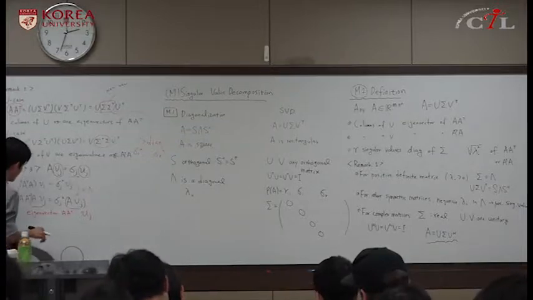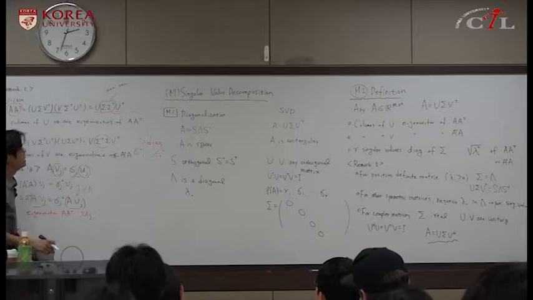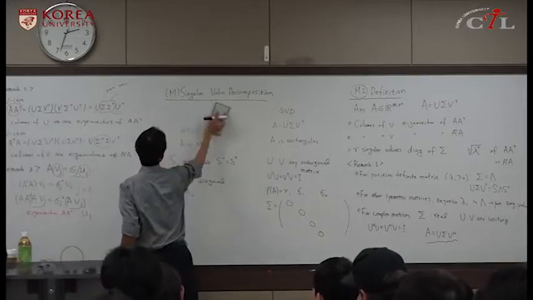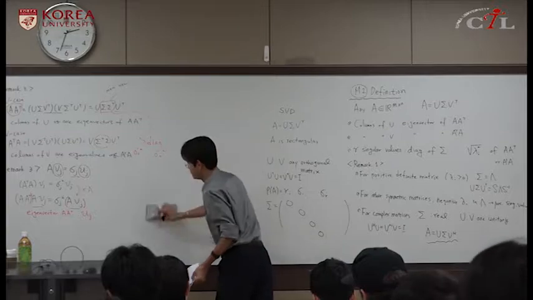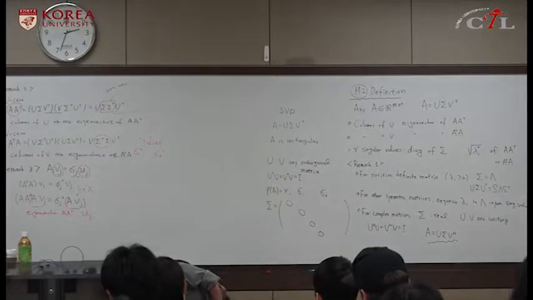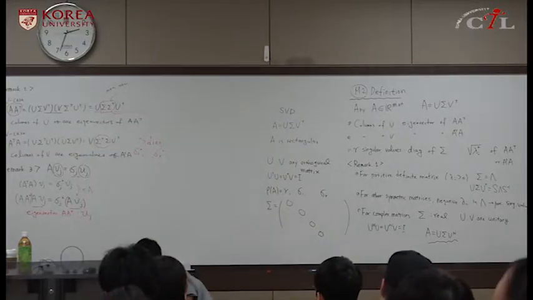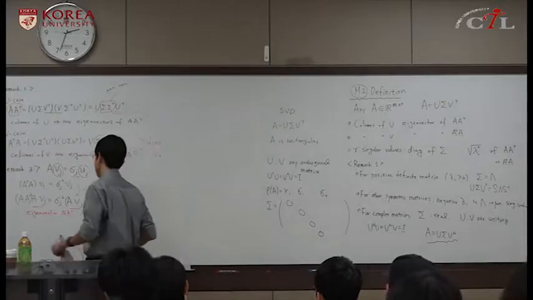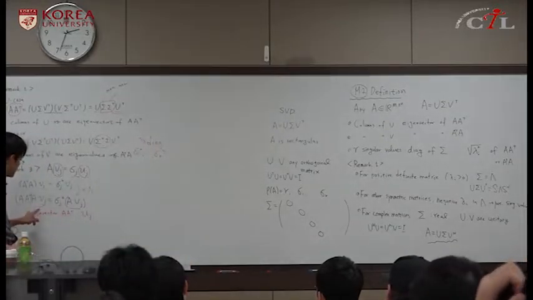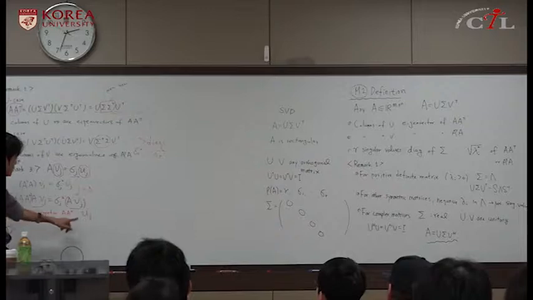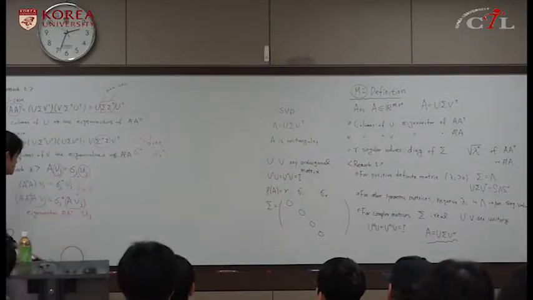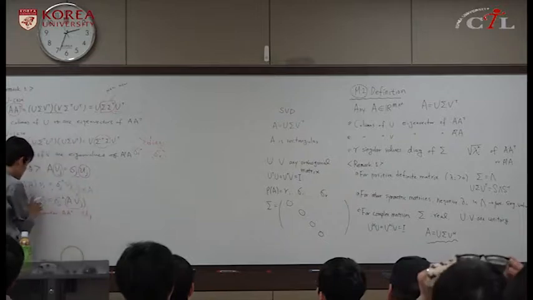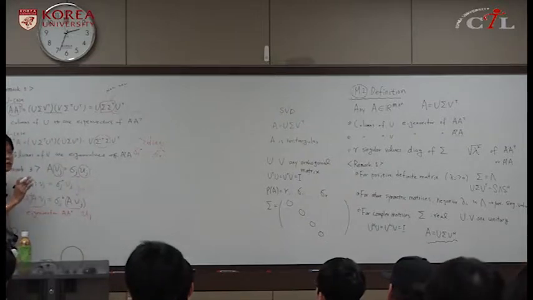Then let's think about the length of A Vj. We need to consider length because it's an eigenvector, but Uj is unit length, and we cannot guarantee whether A Vj is unit length or not.